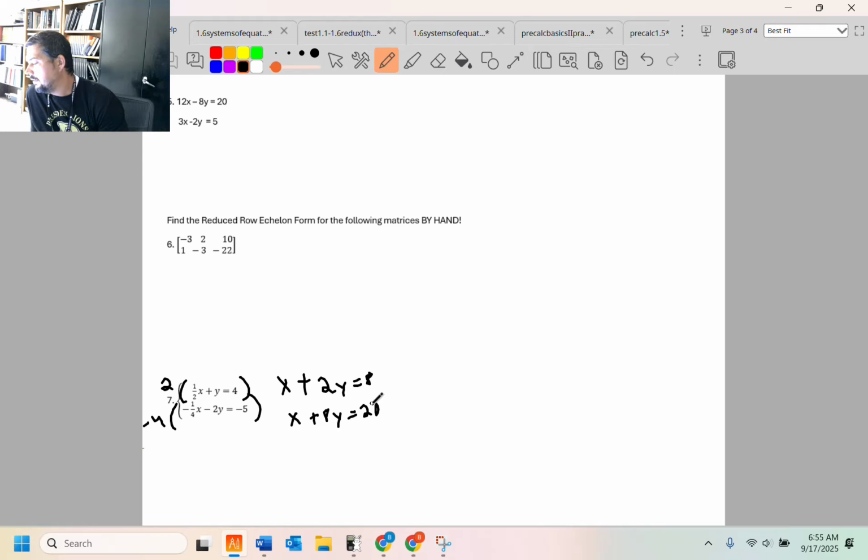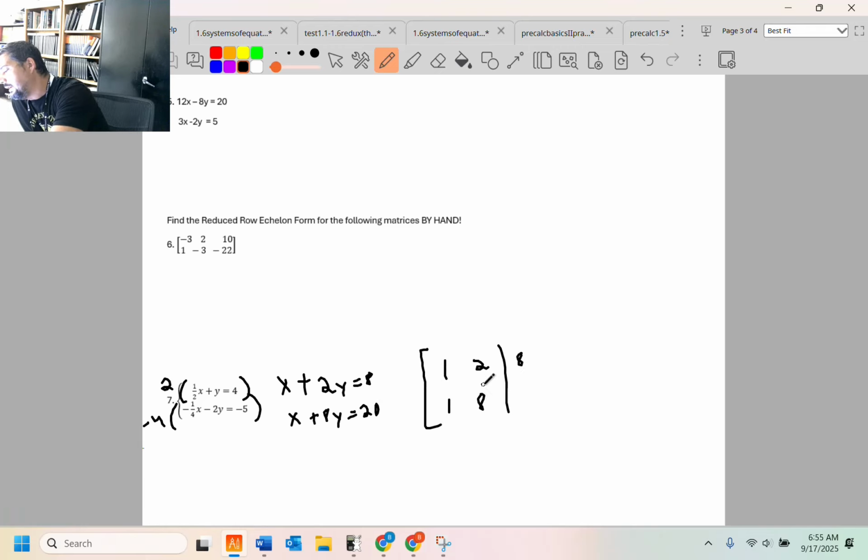X plus 2y equals 8. X plus 8y equals 20. Good with that. 1, 2, 8. 1, 8, 20. I think I'll attack that first, because remember your goal is 1, 0, 0, 1, some constants.